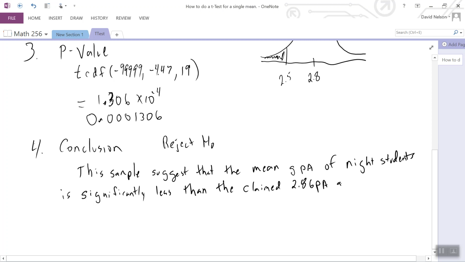And we can even say at the 2.5% significance level. So there'd be a nice written out statement about the conclusion that we come up to for this question.